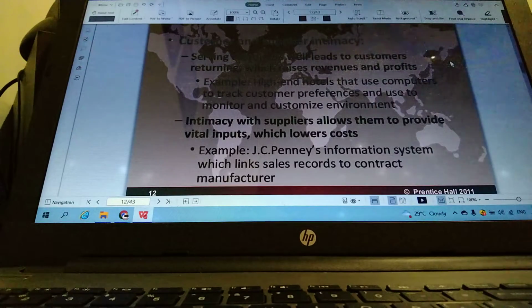An example given here is high-end hotels that use computers to track customer preferences and to monitor and customize the environment. Today, I'm very sure you have very good experience. The moment you register, a card is given to you, and everything else in the hotel environment is computerized.